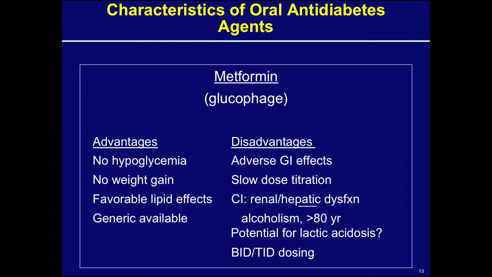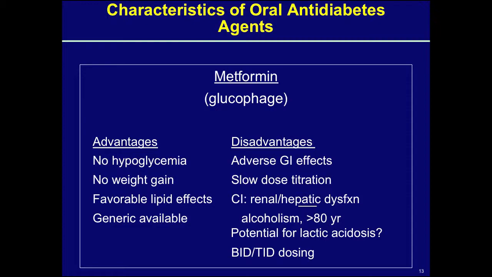Now, the contraindications now really have changed in recent years. All of us know about the creatinine supposedly being over 1.5 or 1.4, and we shouldn't use it. The reason is that metformin is excreted entirely by the kidneys. However, the serum creatinine is a poor measure, really, of kidney function, and nowadays we use the estimated GFR, glomerular filtration rate.